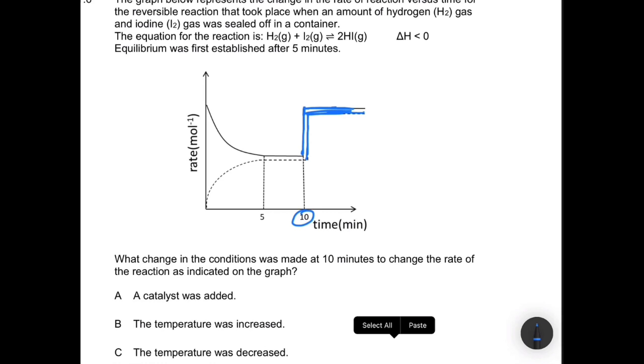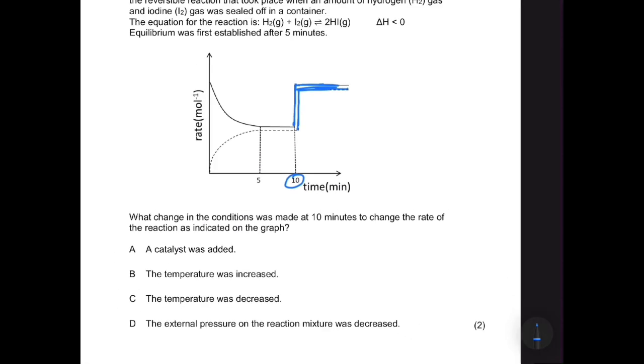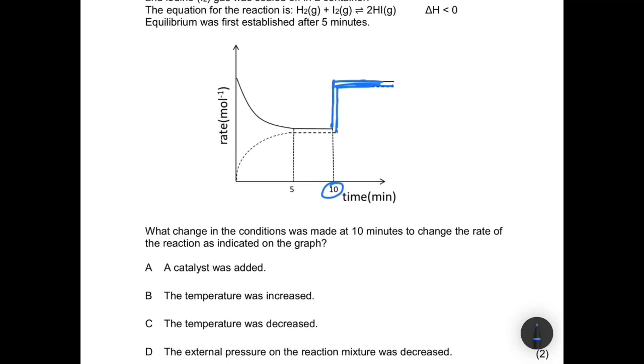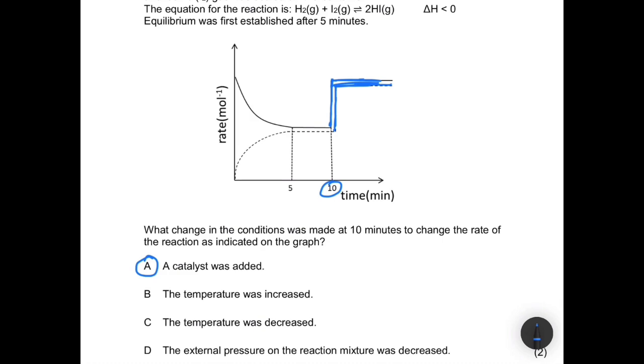Because if you increase the temperature, depending on whether the forward reaction is endothermic or exothermic, one reaction is supposed to be favored over the other. And even if you play around with all the factors, you're supposed to have a sudden increase followed by a sudden drop. But only when you add a catalyst will they all increase with no sudden drop. So we're looking for a catalyst, and that is option A.